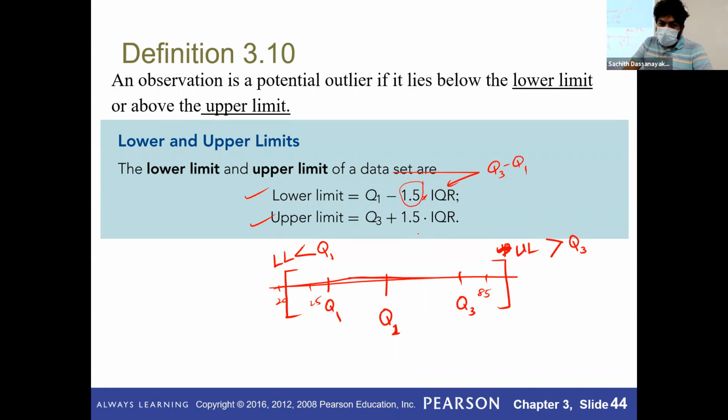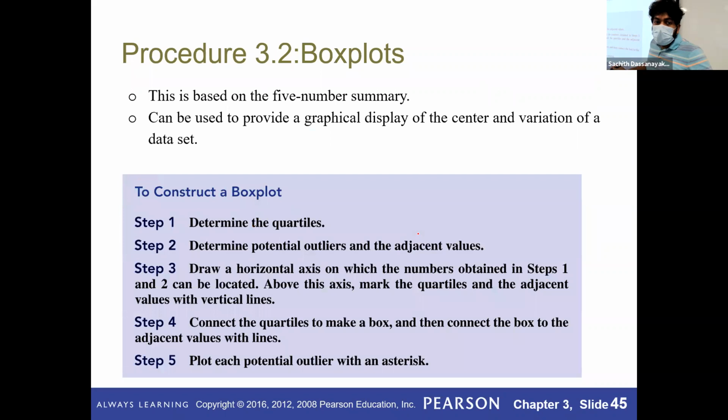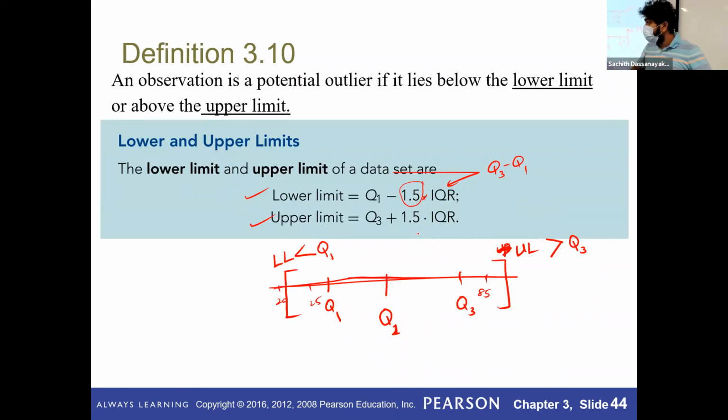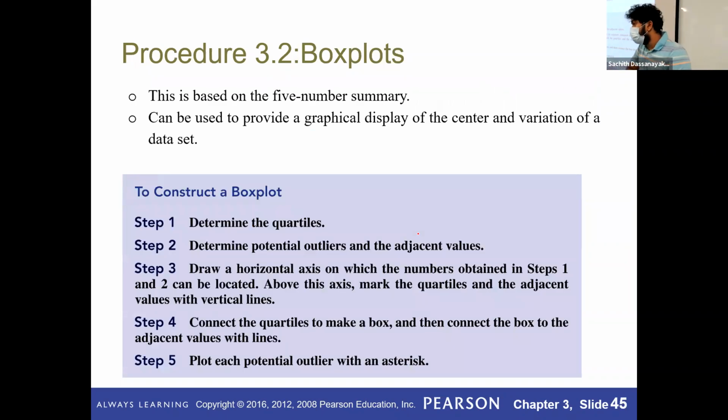Example, and how we represent this kind of stuff. To plot or to interpret this whole story, we use a box plot. This graph allows us to show or represent Q1, Q2, Q3, and also outliers.